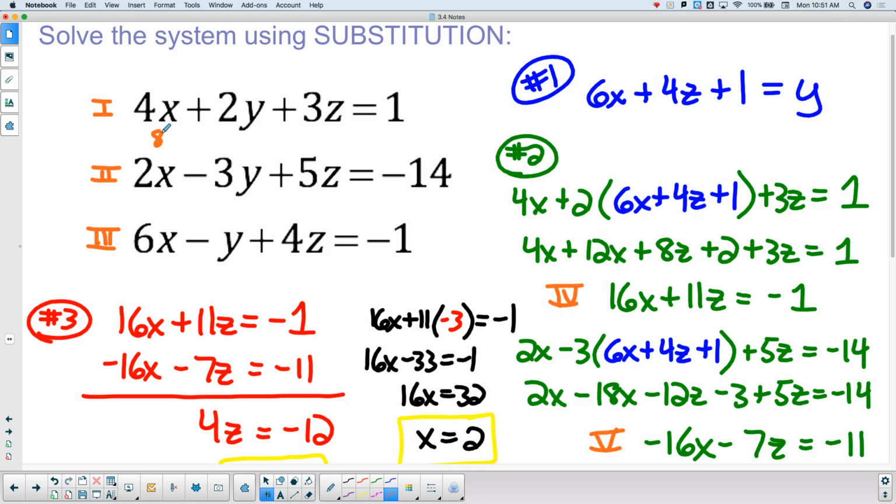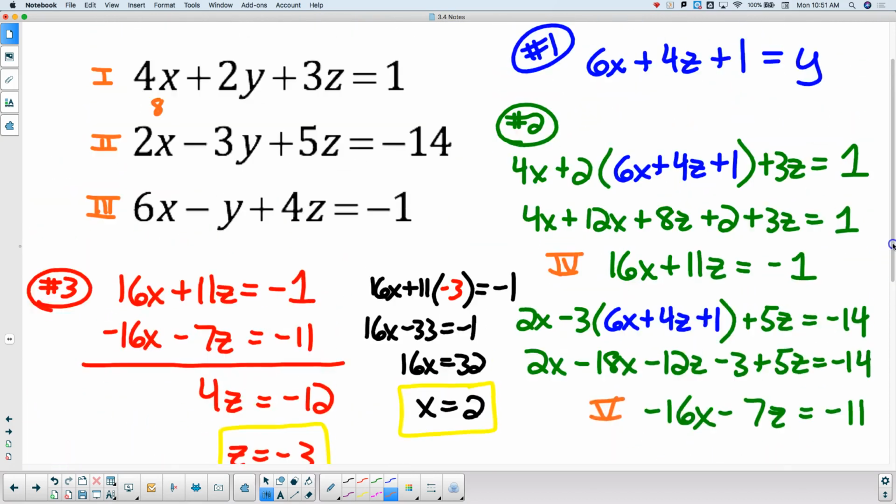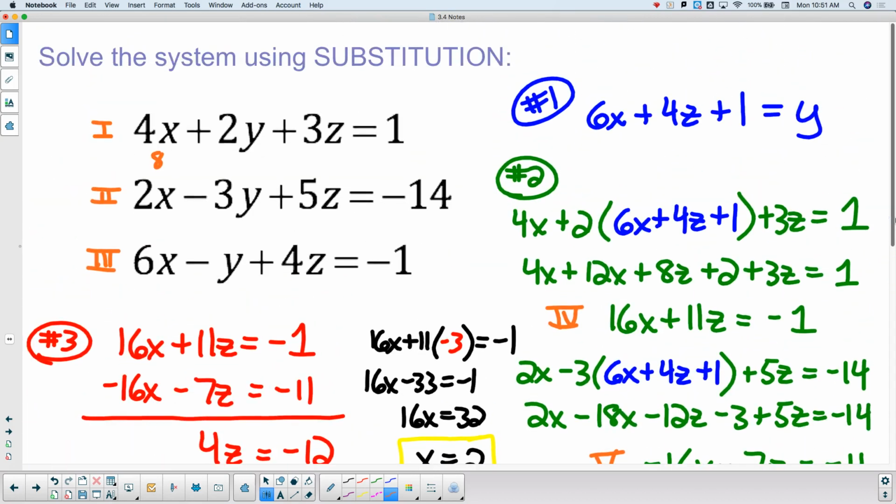Plus 2y. Y was what? 1. 2, 1, negative 3. So then that's going to be plus 2 and then minus 9. 8 plus 2 is 10. Minus 9 is 1. Checks out there.